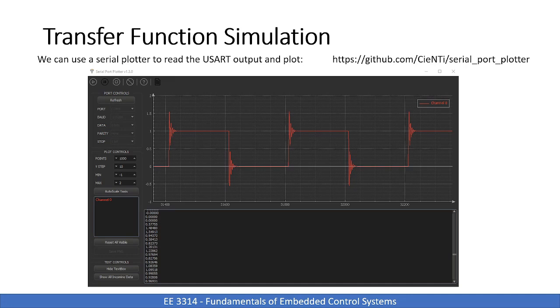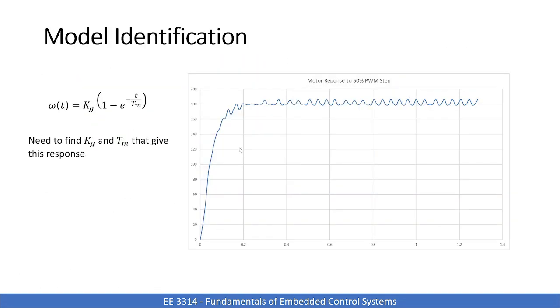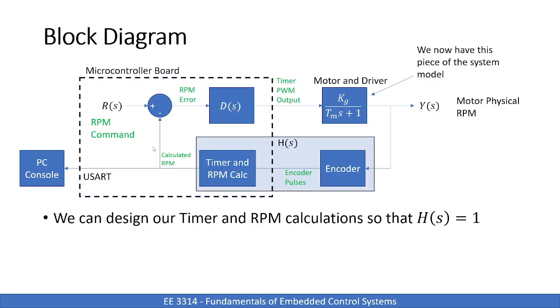And it should look very similar to what we measured before, right? If we go back up, it should look like this. Of course, in simulation it's going to be a little bit cleaner than in this real world data capture, but you'd expect to see this first order response for the simulation of that first order system.